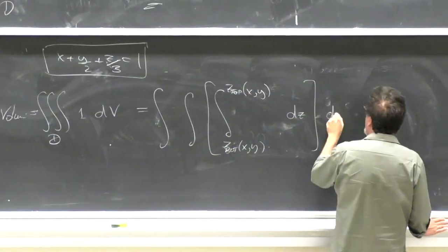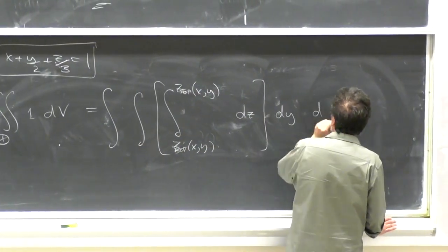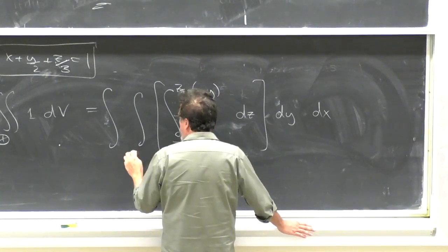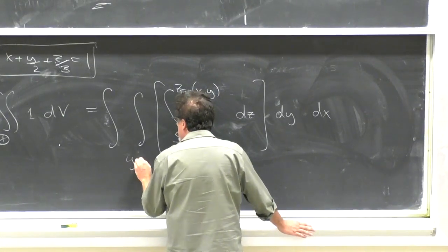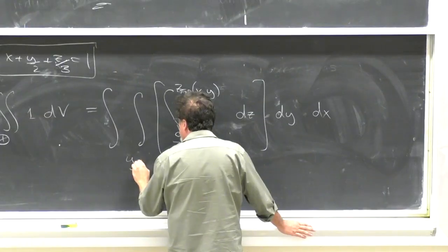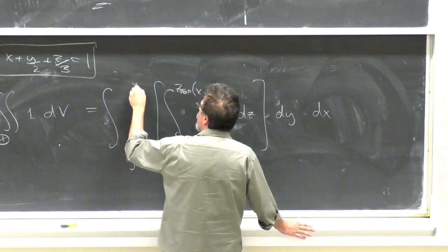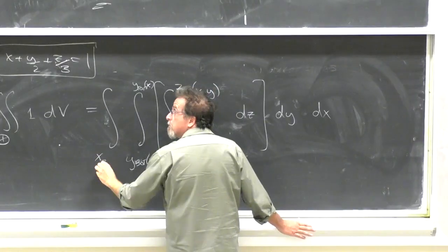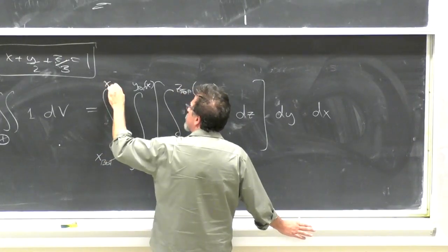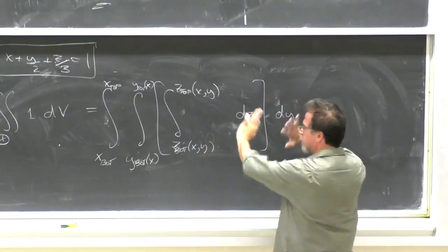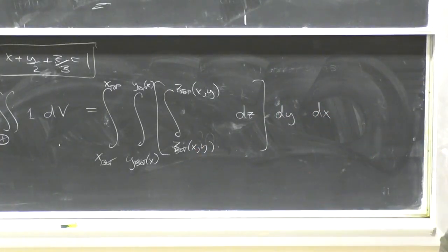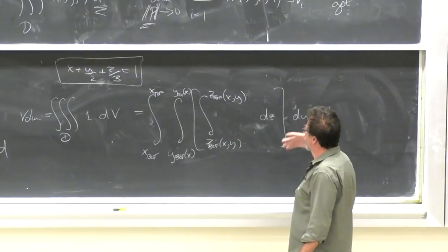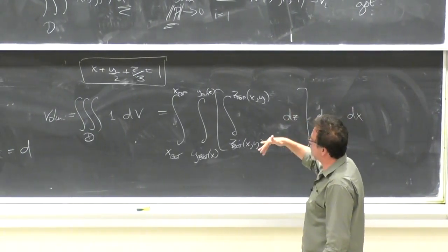And then I'm going to do the y integration, and then the x integration. y goes from y bottom of x to y top of x, its maximum value. x goes from x bottom to x top. That's how you set it up. And just as before, the issue is to figure out what z bottom, z top, y bottom, y top, x bottom, x top are.